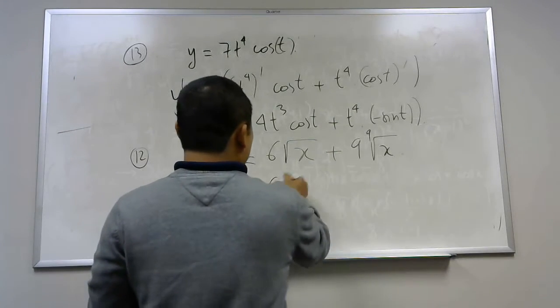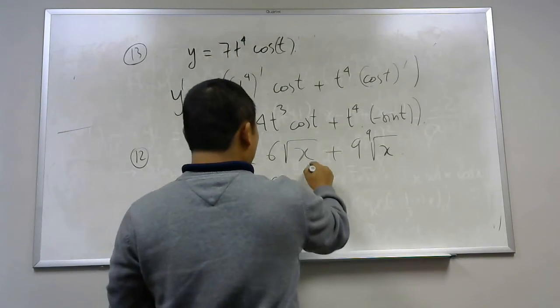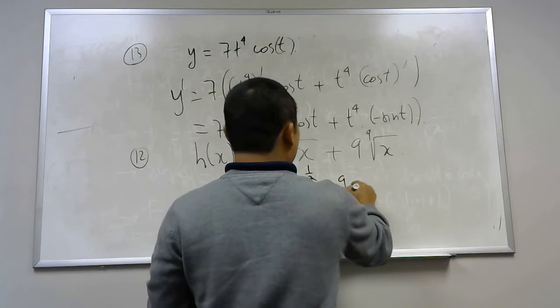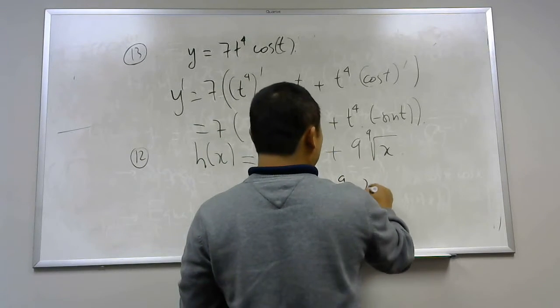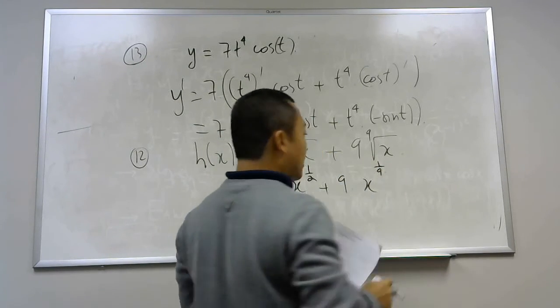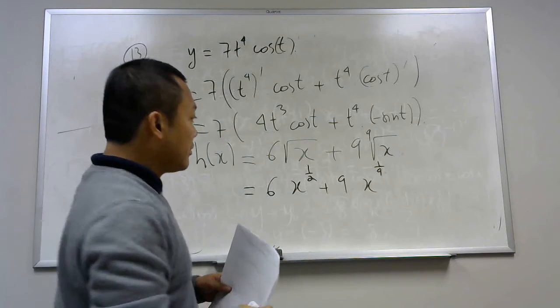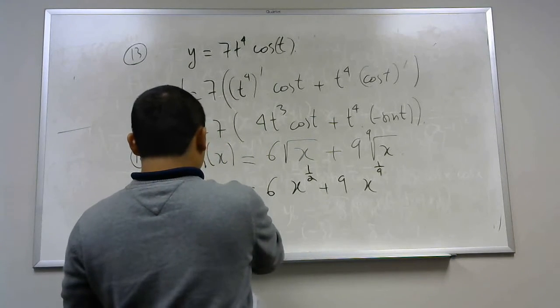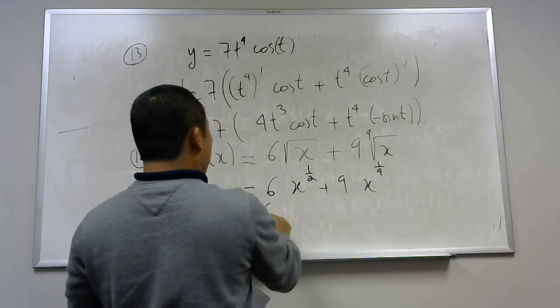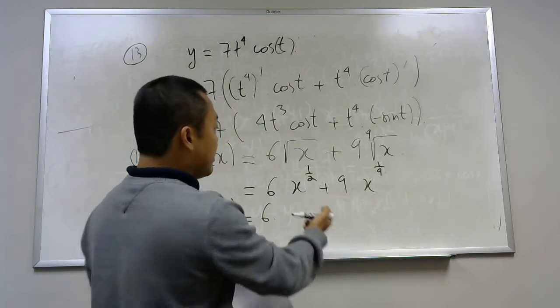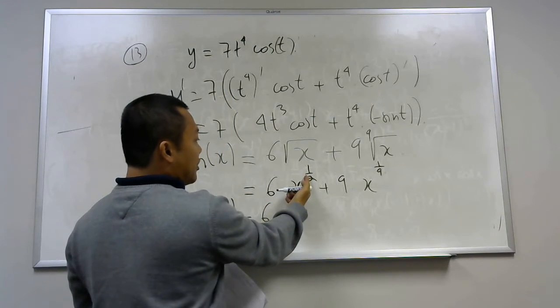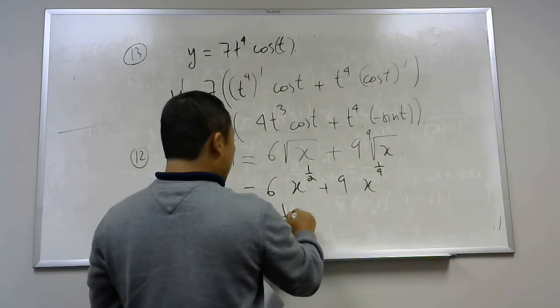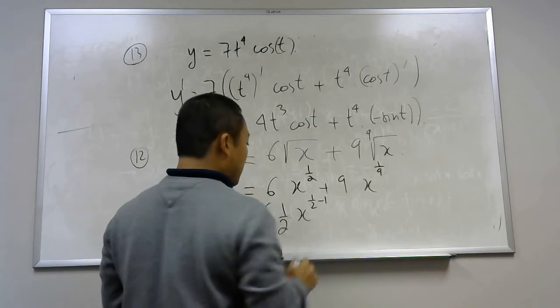So I have 6 times x to the 1 over 2 plus 9 times x to the 1 over 9, right? And then I take the derivative of this function. 6. The power rule says when you take the derivative of a power function, you bring the power down and you reduce the power by 1.